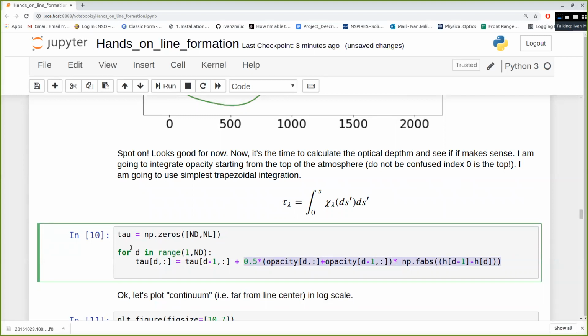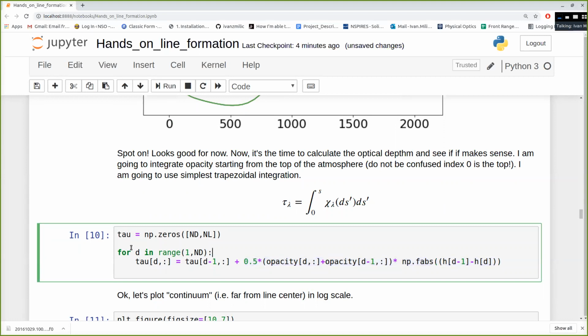I just used the absolute value for height so that I don't have to think about how the heights are ordered. In principle, I didn't need this. So this just says take the mean opacity and multiply it by the distance in height, right?